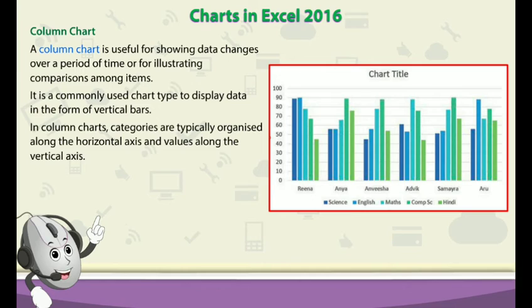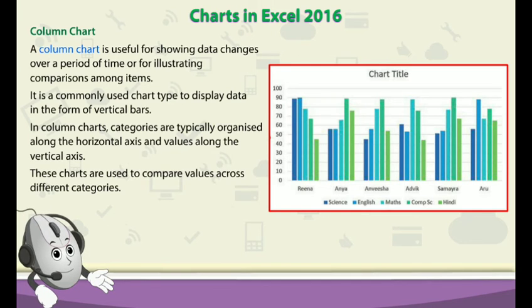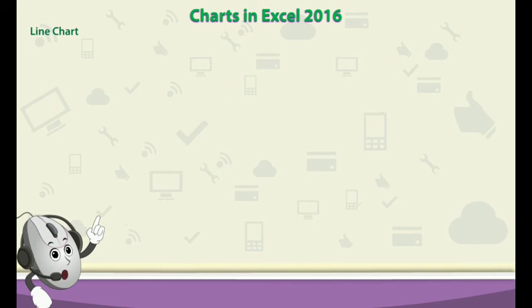In column charts, categories are typically organized along the horizontal axis and values on the vertical axis. These charts are used to compare values across different categories.